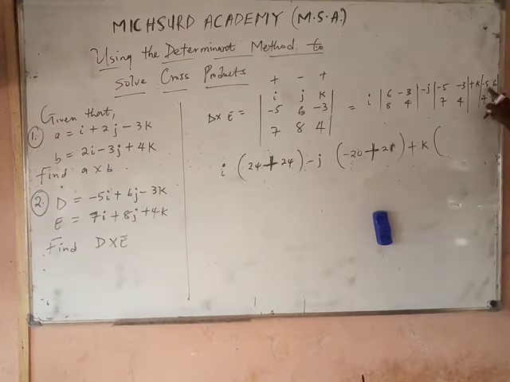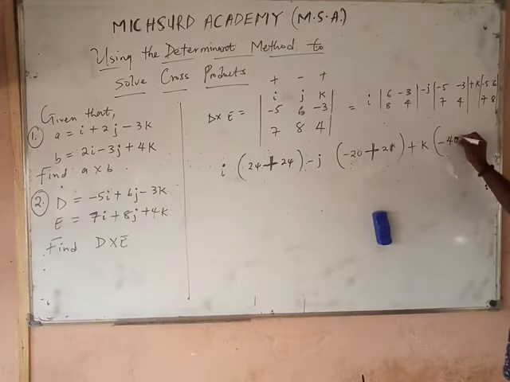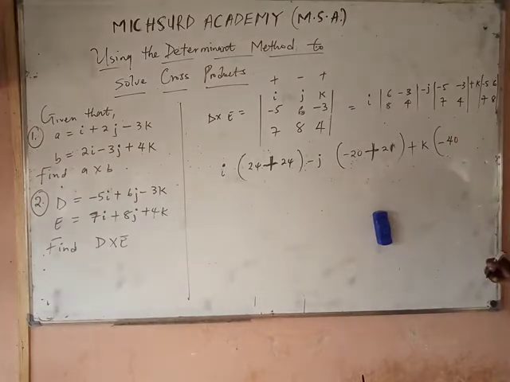Then the next is positive k. Then we have minus 5 times 8 will give us minus 40. Alright, so then the next one is here, where we have 6 times 7. Since we have to put our minus here first, then 6 times 7 will give us 42.